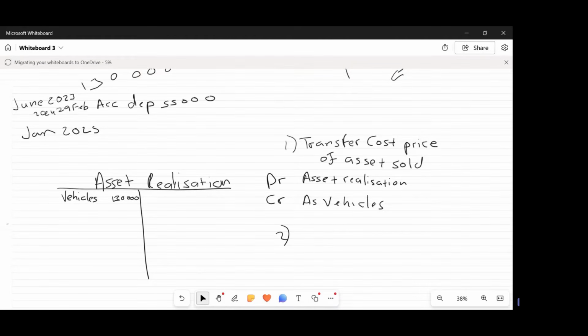You have to now transfer the accumulated depreciation. But before you transfer it, you need to first check if depreciation is calculated up to date of sale.